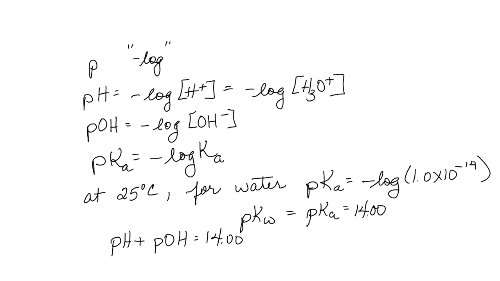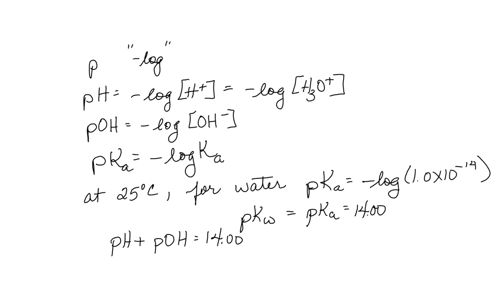So pH is the negative log of my H plus concentration, or my hydronium ion concentration. pOH is equal to the negative log of hydroxide concentration. pKa is equal to the negative log of Ka. And pKb is the negative log of Kb, etc.